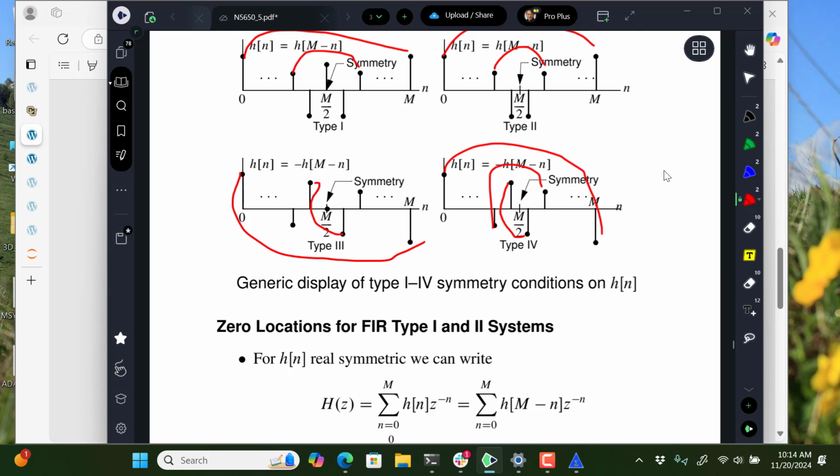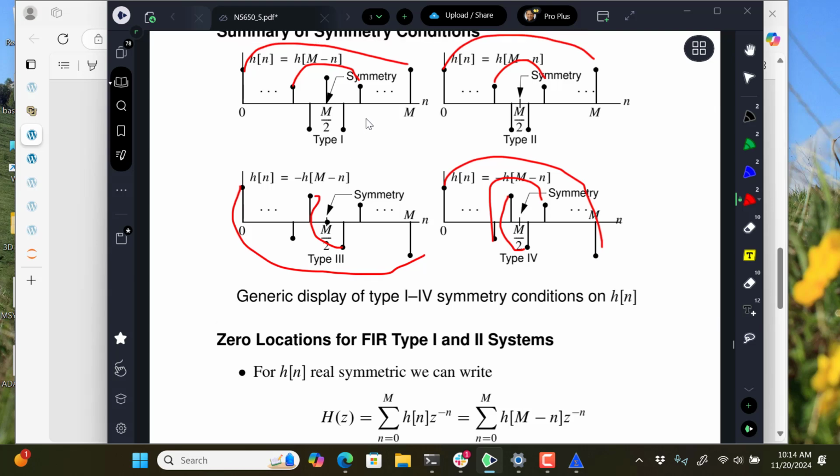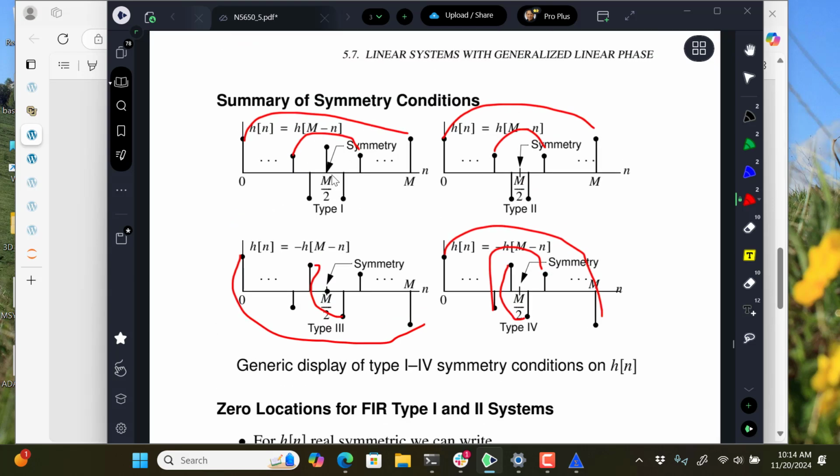In digital comm, I usually prefer a type 1. Why? Because I want a delay that's an integer delay, and that's what I would get here, whereas here I would not.